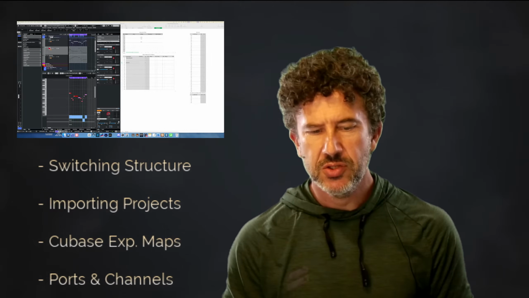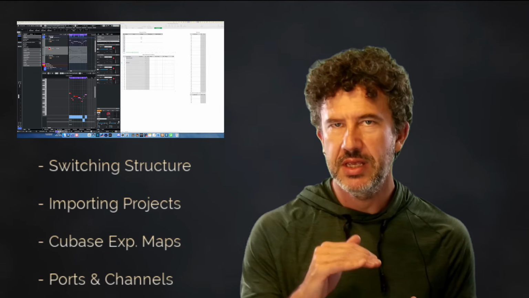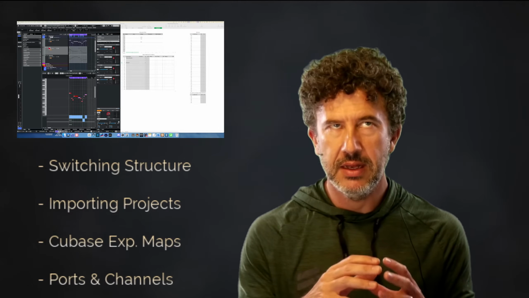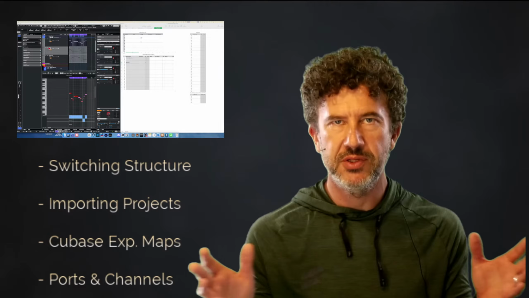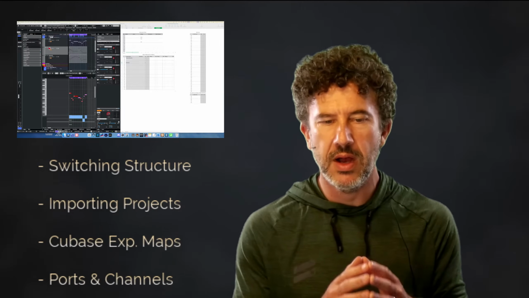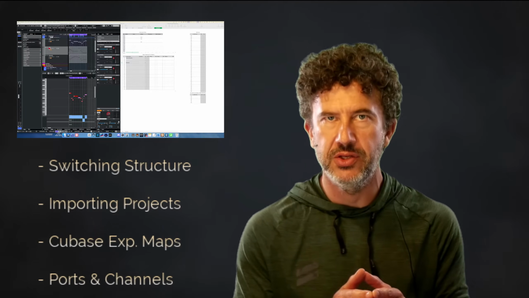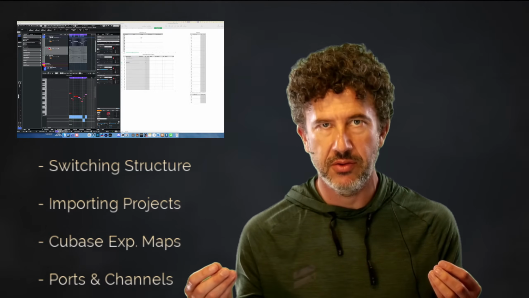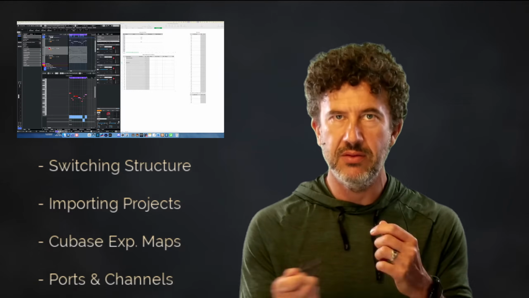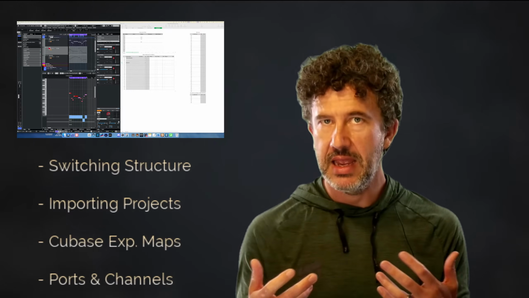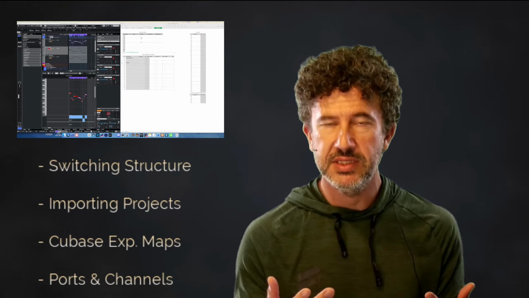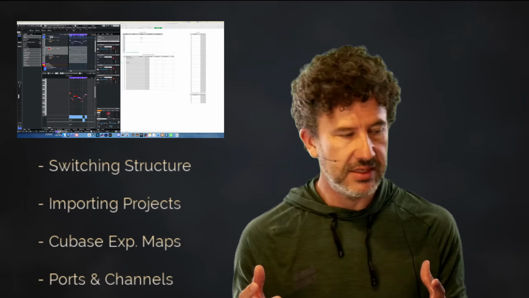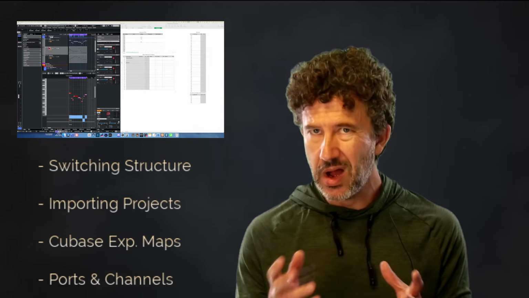Let's just kick things off with understanding clearly what the difference between them is, because here's why most people are wondering how to do this. Cubase expression maps are not exactly the same as Dorico expression maps. You can't just import them, which is frustrating and a little counterintuitive since they're both Steinberg products, but they don't work that way. Why?